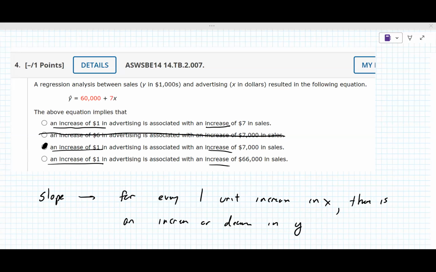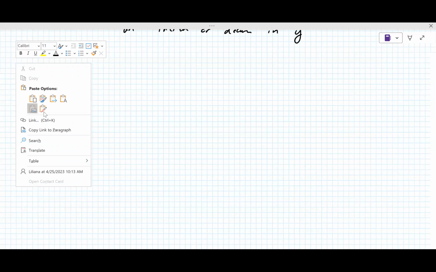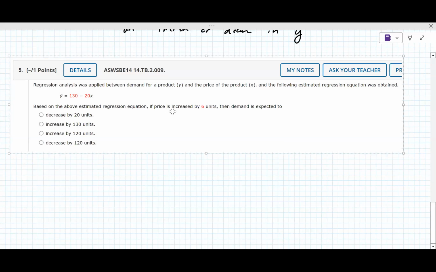All right, question 5. Based on the estimated regression equation, if the price is increased by 6 units, so that's X. They have to tell you what the variables are. The price is X. If X goes up by 6, what happens to the output Y?